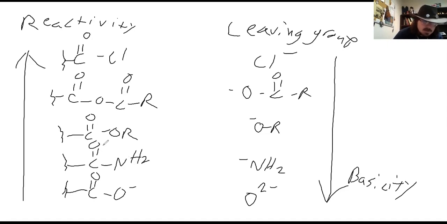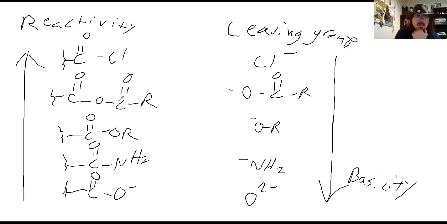That can happen. This would put a positive charge on the oxygen, which is less likely to happen. You're putting a positive charge on this oxygen, but it's not as resonance stabilized, and that one's not really resonance stabilized at all.